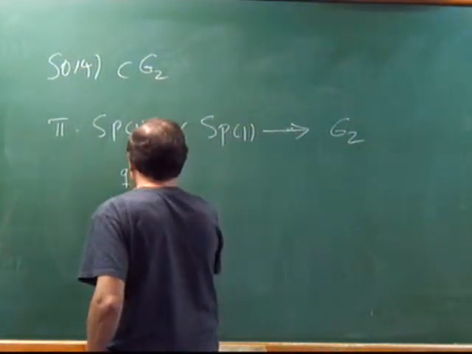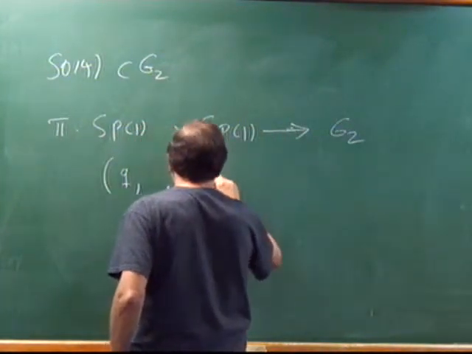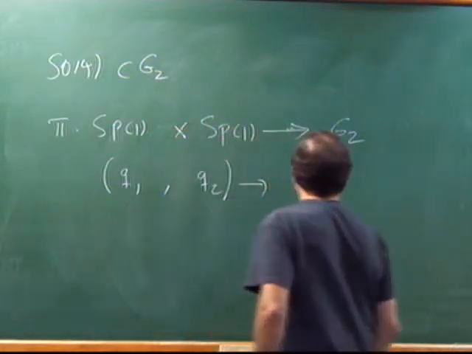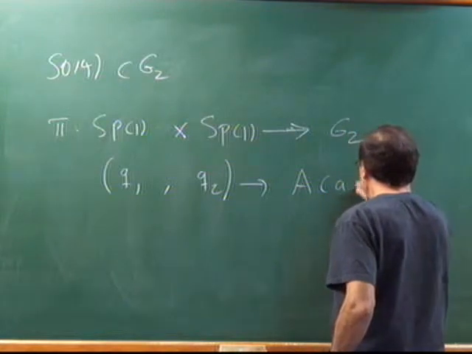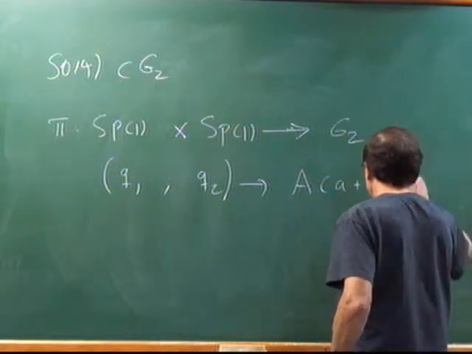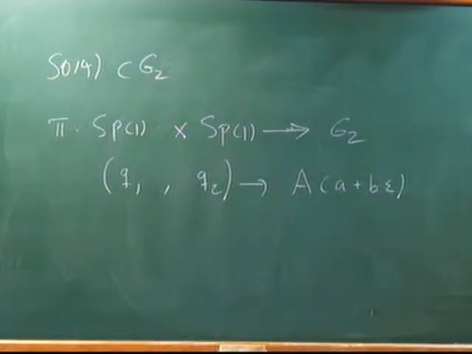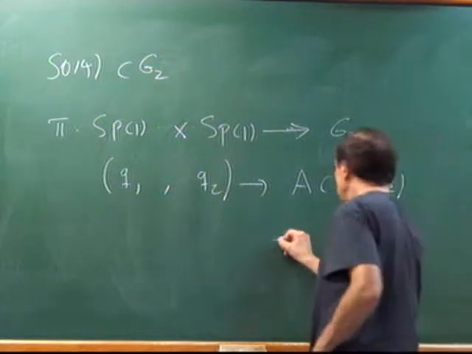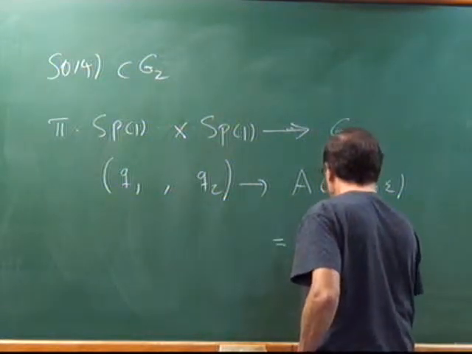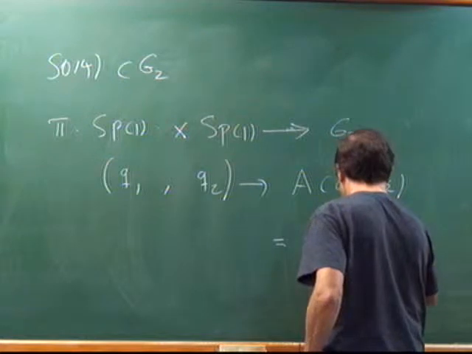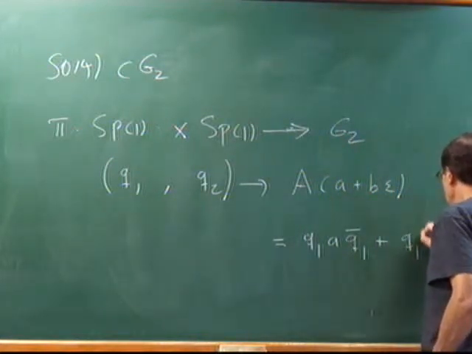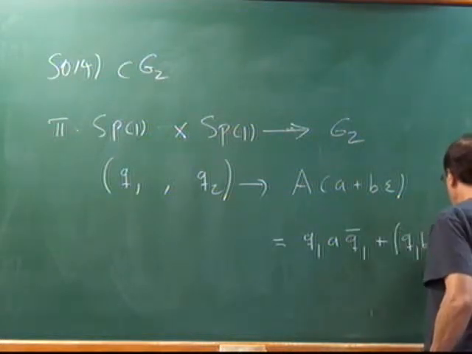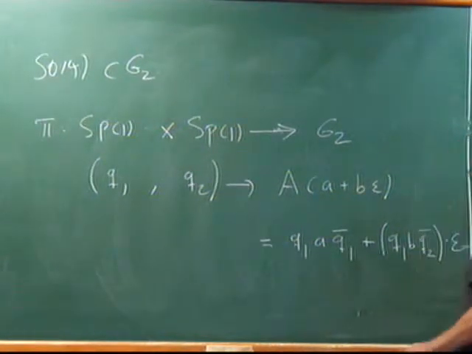Take 2 unit quaternions and send it into the automorphism, which takes A plus B epsilon, that's a Cayley number, into Q1 A Q1 bar, plus Q1 B Q2 bar, times epsilon.